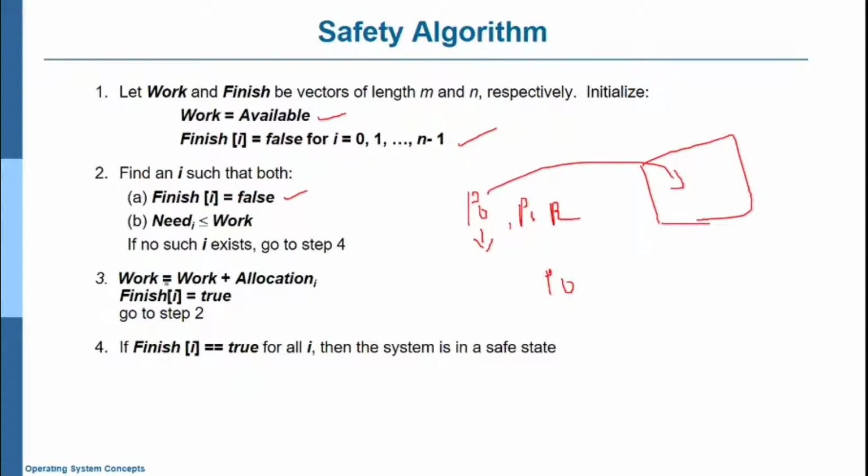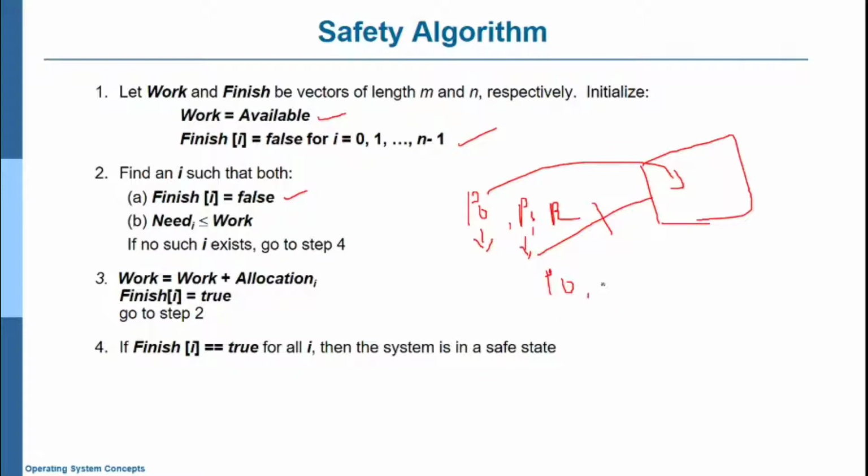Next, process P1: if Finish is false and Need[i] is less than or equal to Work, then go to step 3, where Work equals Work plus Allocation. So the resources released, along with those available in the pool, can be used to complete the next task. Once again it checks if Finish[i] equals false, yes, and Need is less than or equal to Work, yes, then go to step 4, Finish in the safe state.